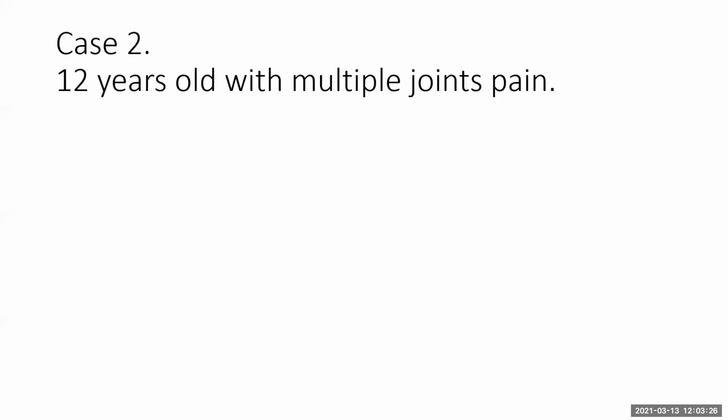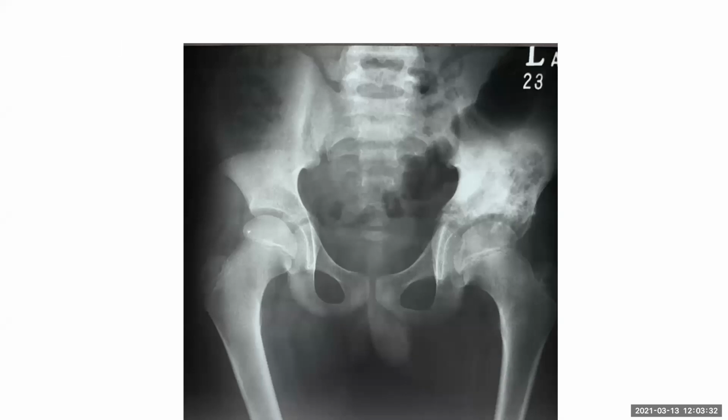Okay, ma'am. So this is a 12-year-old with multiple joint pain. This is the frontal pelvic radiograph of a 12-year-old with multiple joint pain. I'm comparing the right and left hip joints. It seems that the right femoral epiphysis is a bit denser than the left, sorry.